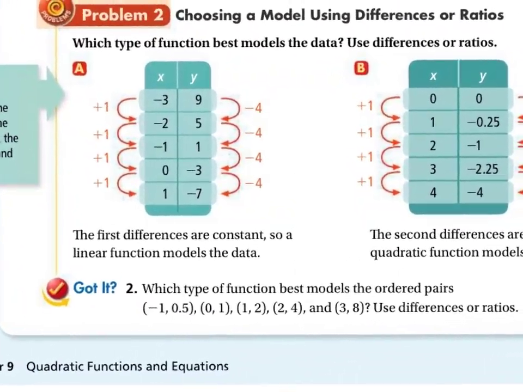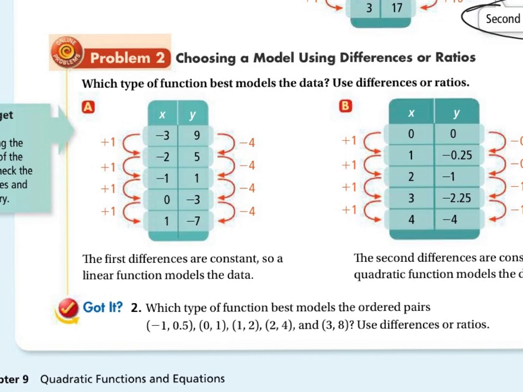So if you look at problem 2, you can see part A, x's go up by 1 each time, y's keep subtracting 4, and so that would be linear. Its slope is -4 over 1, or -4, constant slope there.